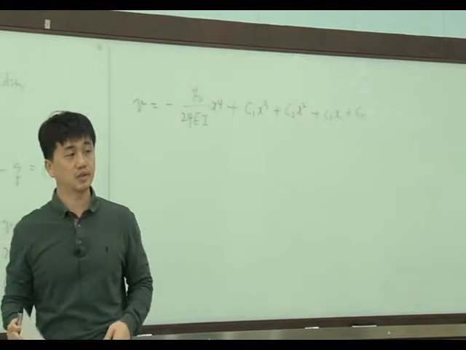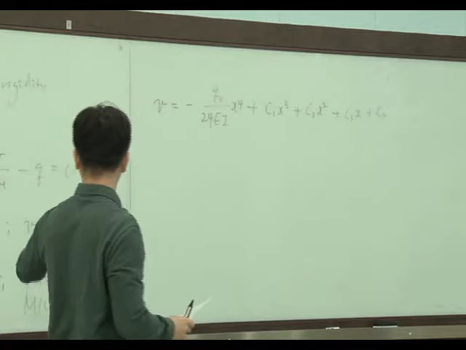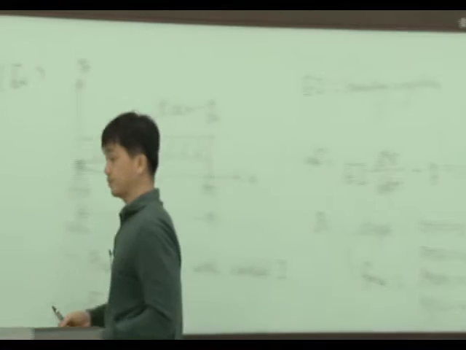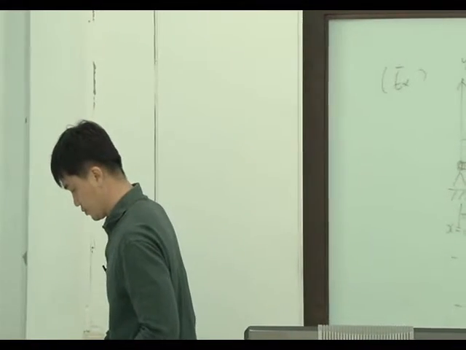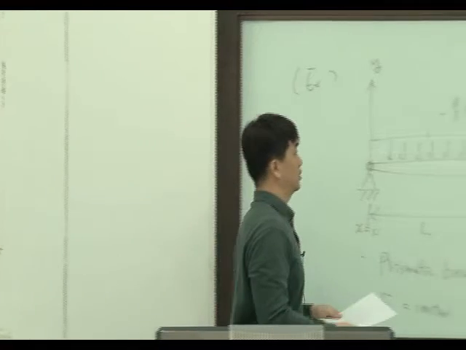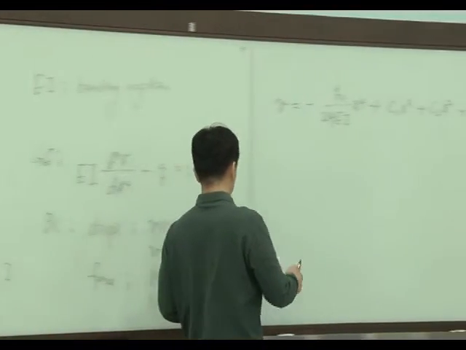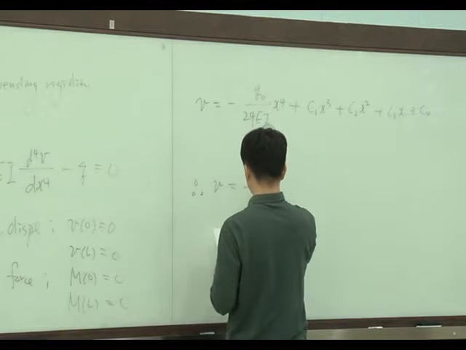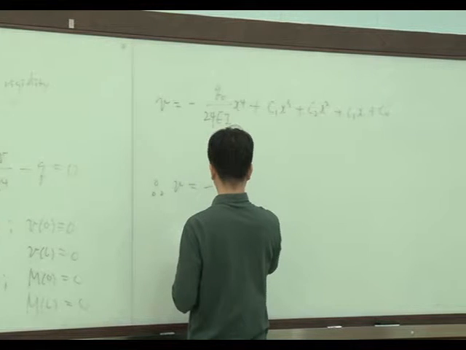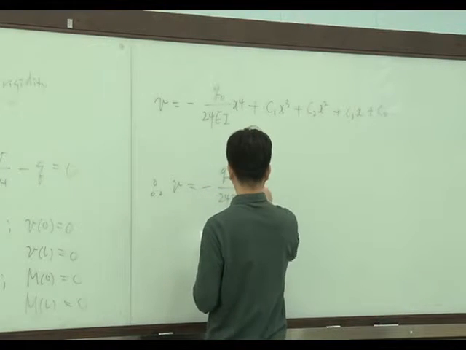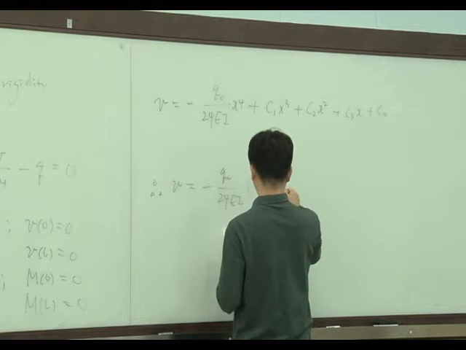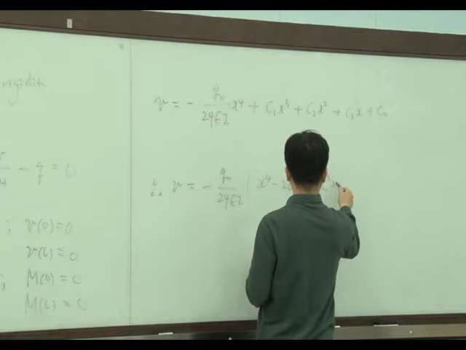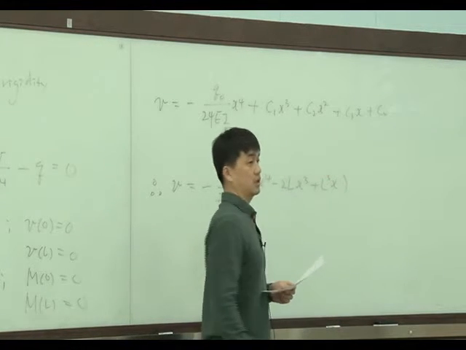So we have four integration constants. Then applying the boundary conditions, we can find the solution. Applying the boundary conditions, the displacement will be minus q0 over 24EI times this expression in x. This is the final equation.